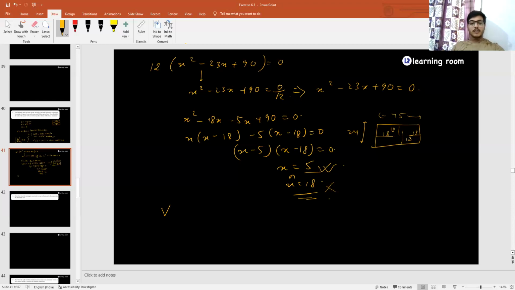Now, tell me the volume. What is the volume that I'll be getting at 5 centimeters? At x is equals to 5 centimeter, what will my volume be? Oh, one more thing.